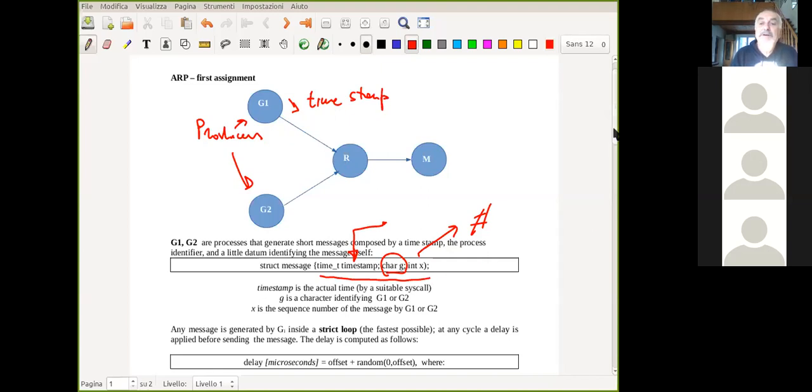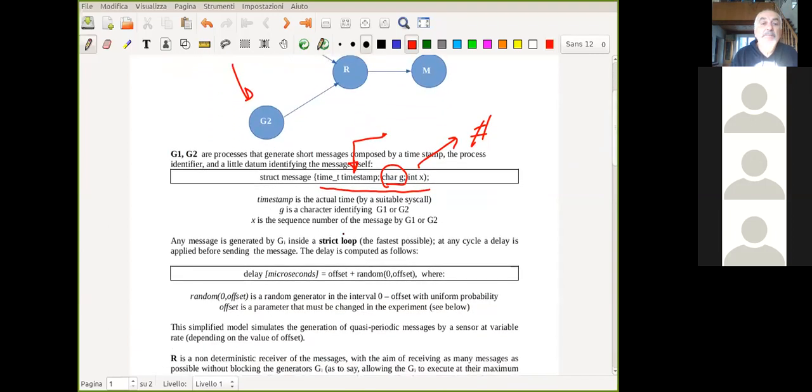Any message is generated with a strict loop, and the loop includes a delay, and the delay is a parameter that you have to assign and to find, of course, in a heuristic way.